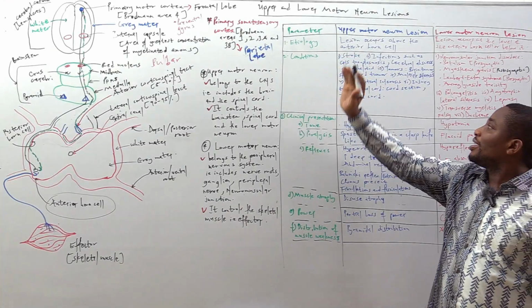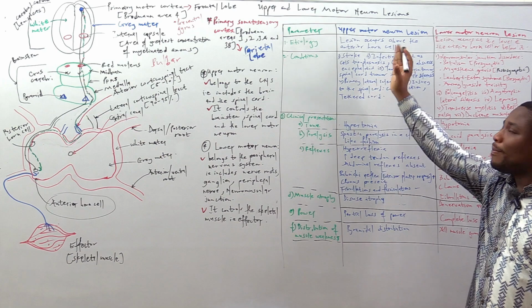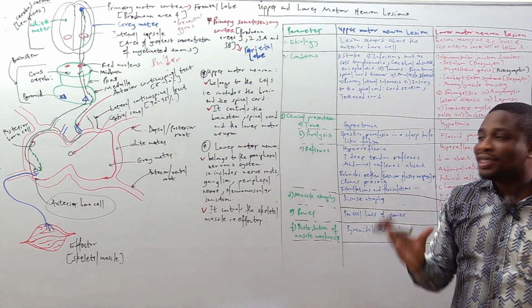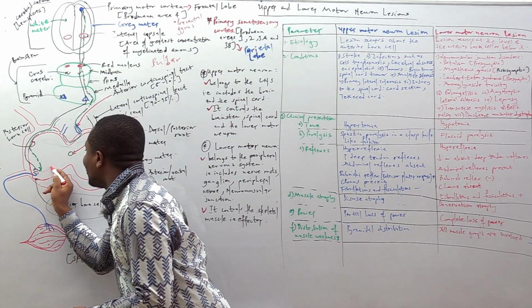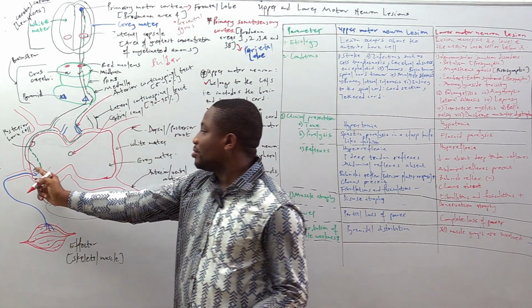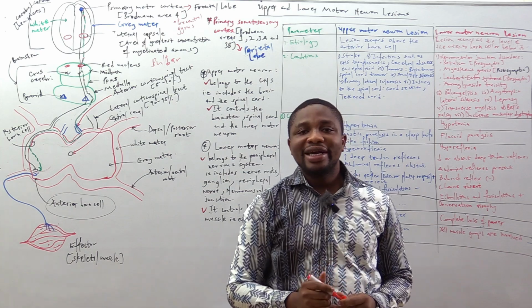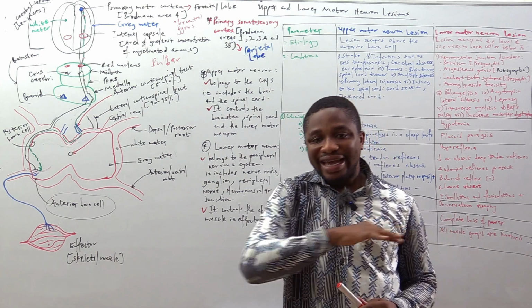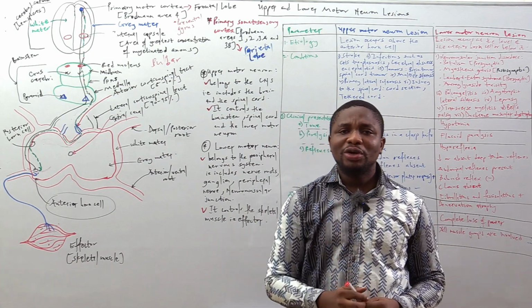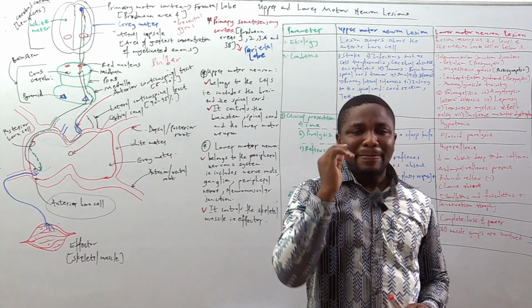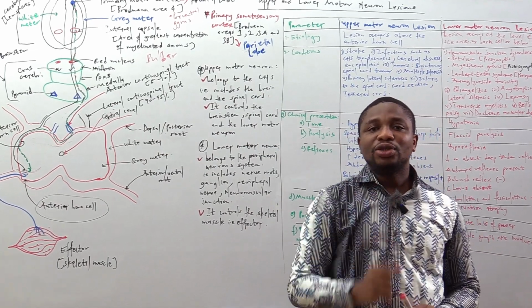So the first parameter is the etiology. The upper motor neuron lesion, where is the lesion? The lesion occurs above the anterior horn cell, meaning that that will be the demarcation of the end point of the upper motor neuron lesion. So for upper motor neuron lesions, the lesion occurs above the anterior horn cell.